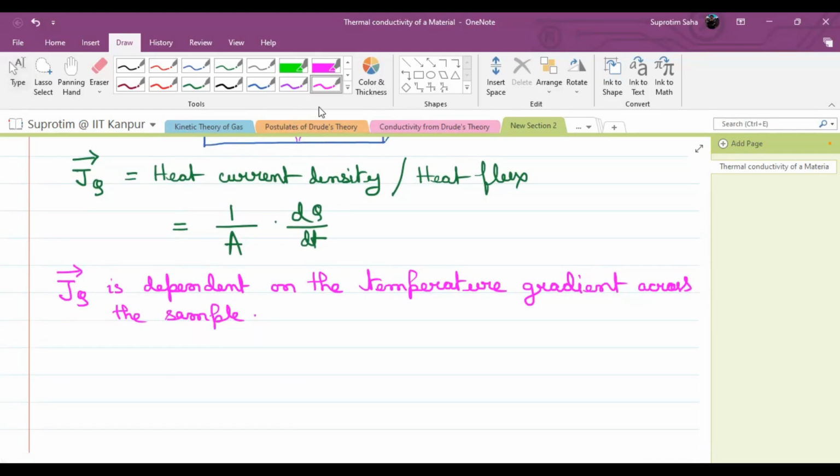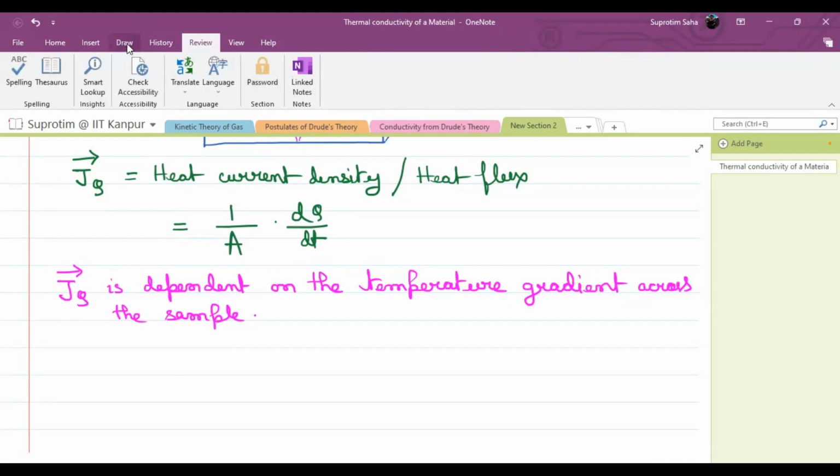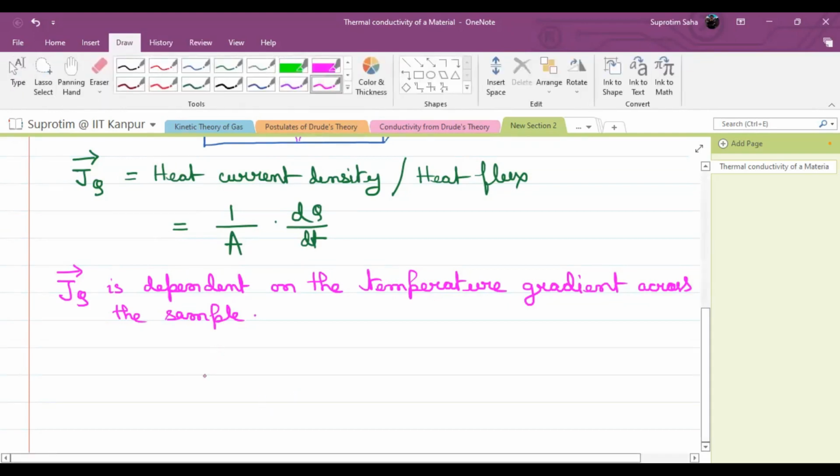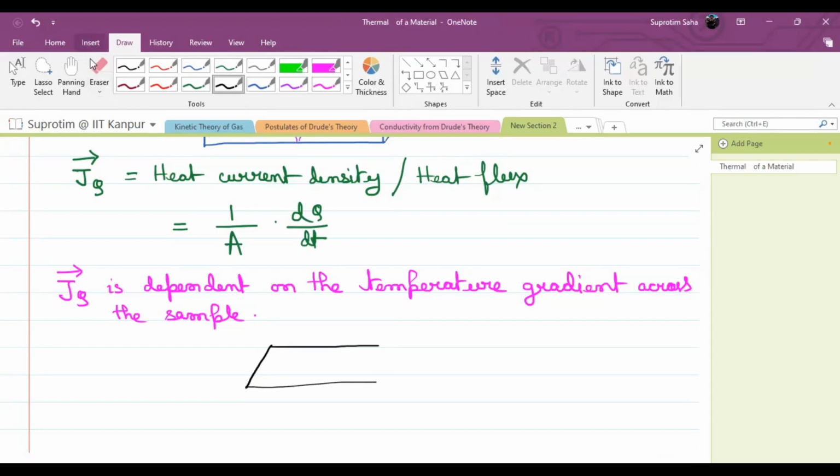Not only that, in addition to that, let me redraw the sample. Sorry, the drawing gets messed up sometimes.